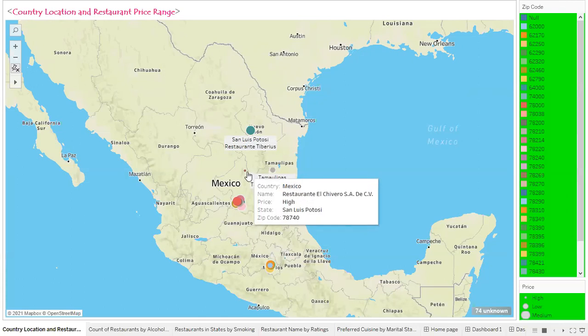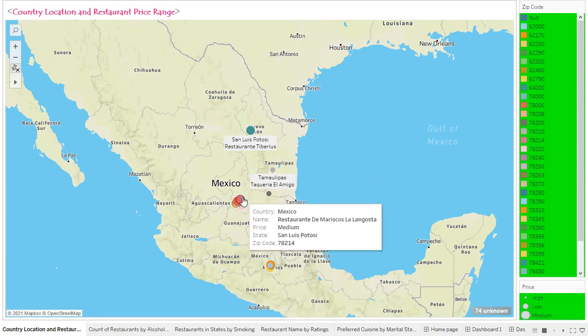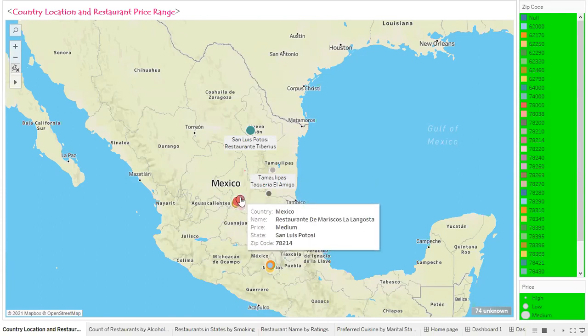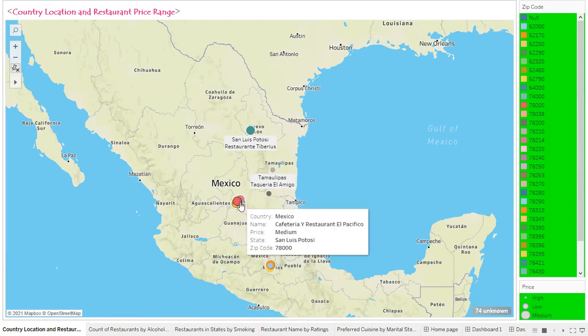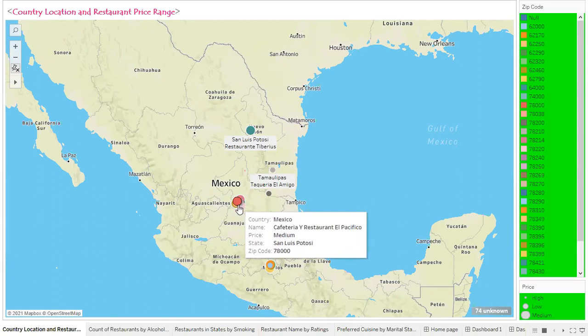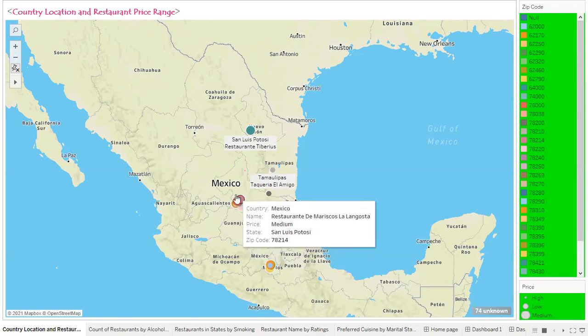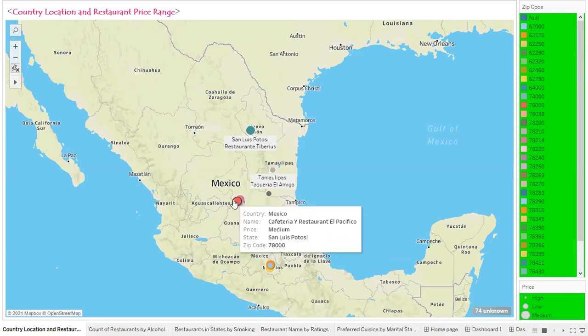You check these other places. So this is just a way of visualizing the entirety of the data set I have. You could see this particular town, Mexico City, shows the name of restaurants, whether it was medium or high, and the name of the state, which is San Luis Potosi, had a very great number of restaurants in that state.